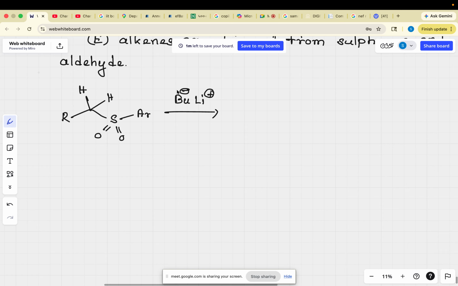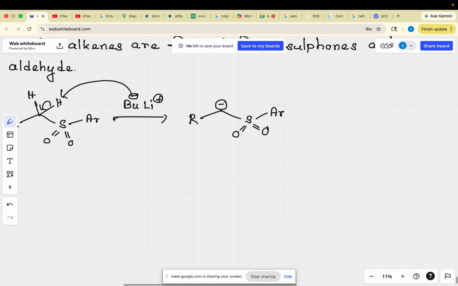Butyl minus will abstract the proton, because this is your acidic proton. After abstracting the proton, the negative charge is in conjugation with the sulfur double bond O. So you are getting this negative charge. This is your sulfone derivative.